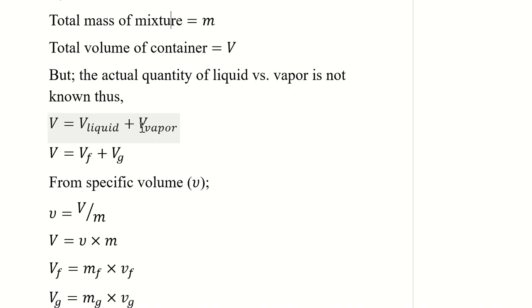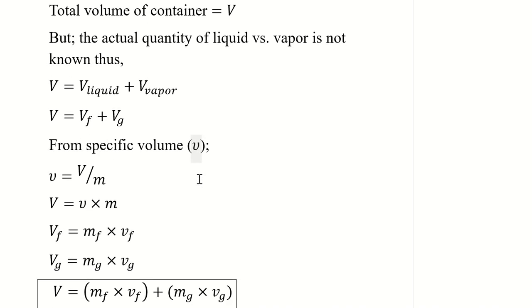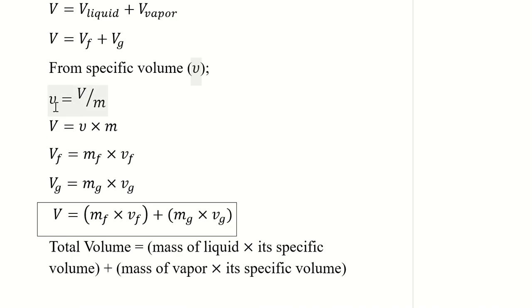And you are not going to keep writing liquid and vapor. You are going to use the subscripts f and g to show liquid and vapor. So from specific volume, lowercase v, we already stated that lowercase v is equal to capital V divided by m. So you make volume the subject of the formula and you have V equals v times m.